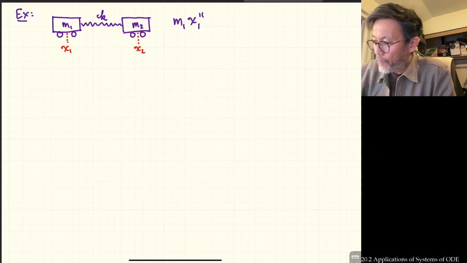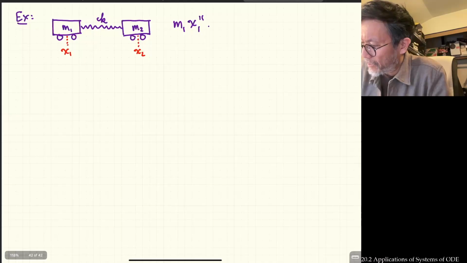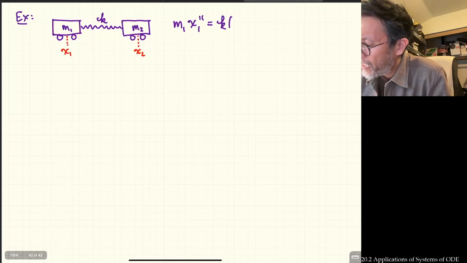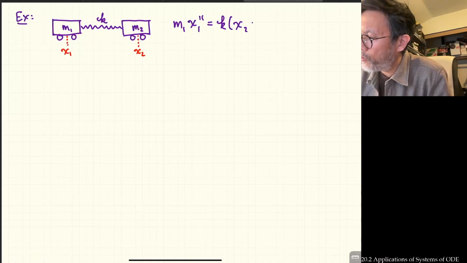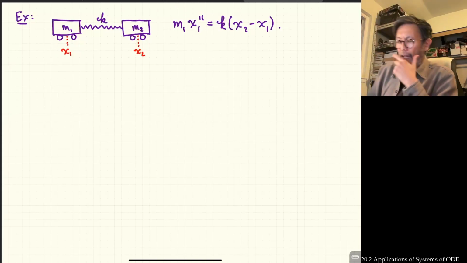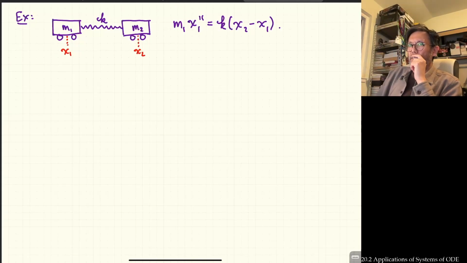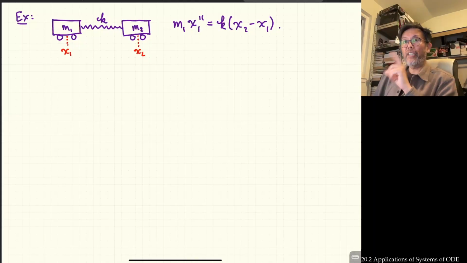You work out the mathematics of this, and what you're going to get is that this should be equal to k times (x2 minus x1). I hope I have that right. Yeah. This is right.